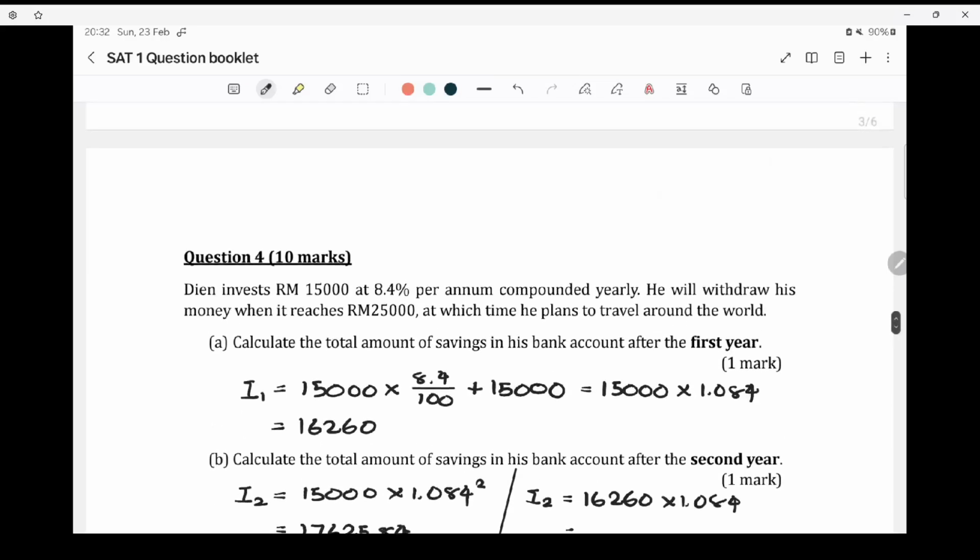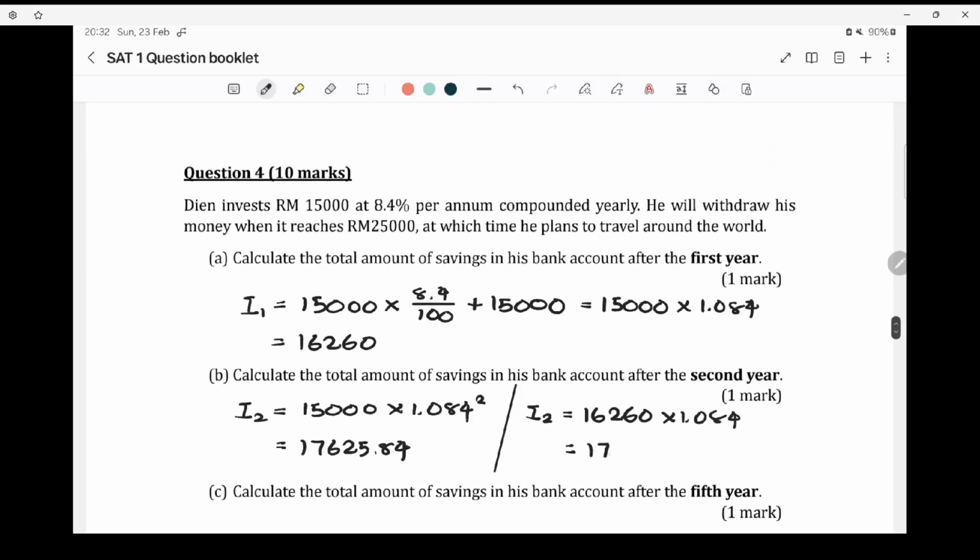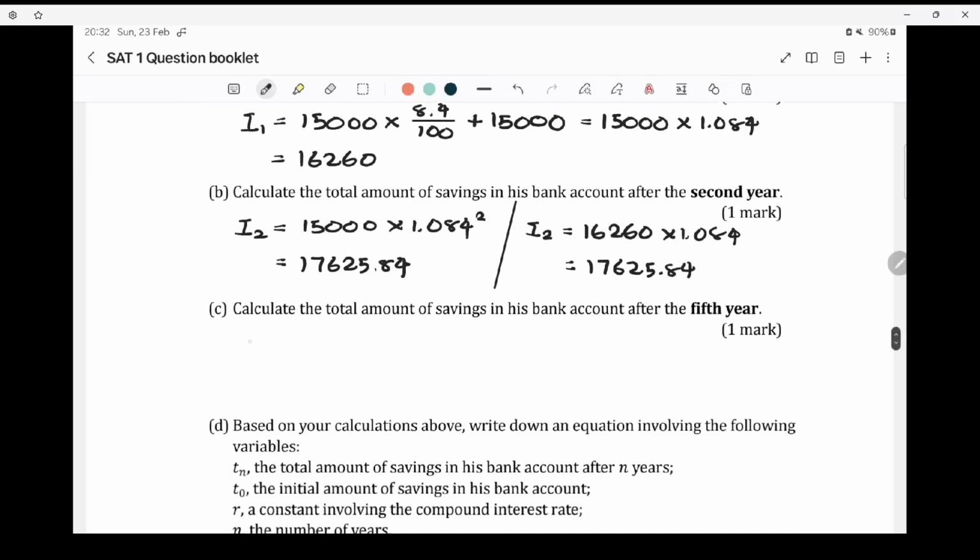Sorry, there's a 1 missing. So calculate the fifth year, so that will be I5. And by now we should already establish some sort of pattern like this.